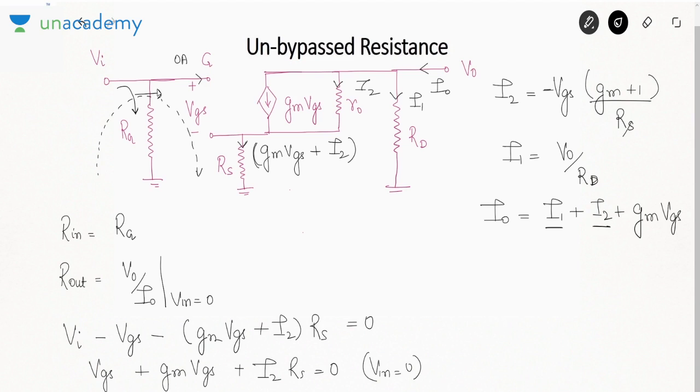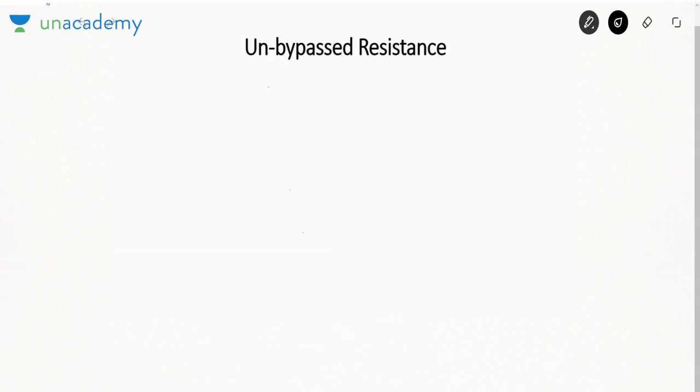So how can we find VGS in terms of V0? For that I'll apply KVL like this. V0 minus I2 R0 minus (gm VGS plus I2) RS equal to 0.